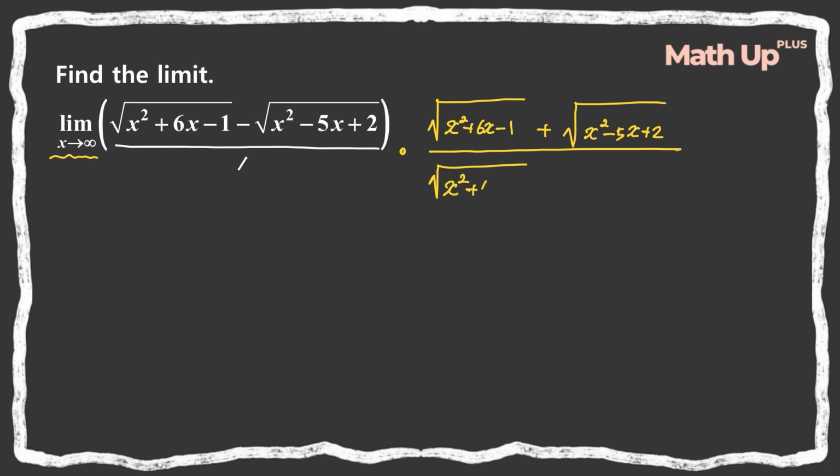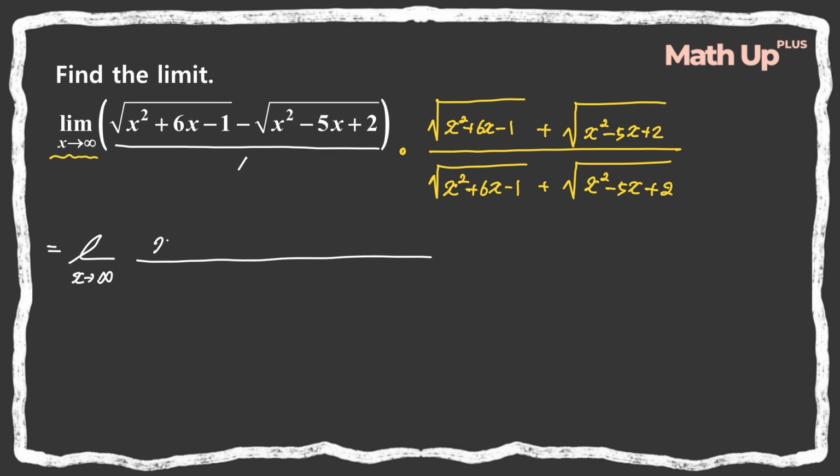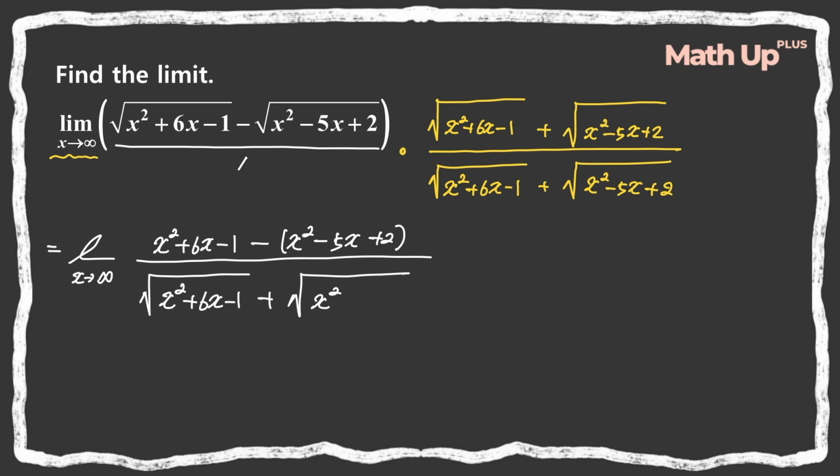So this limit is equal to the limit as x approaches infinity of this expression squared minus this expression squared, so that is equal to x squared plus 6x minus 1 minus (x squared minus 5x plus 2), over square root of x squared plus 6x minus 1 plus square root of x squared minus 5x plus 2.